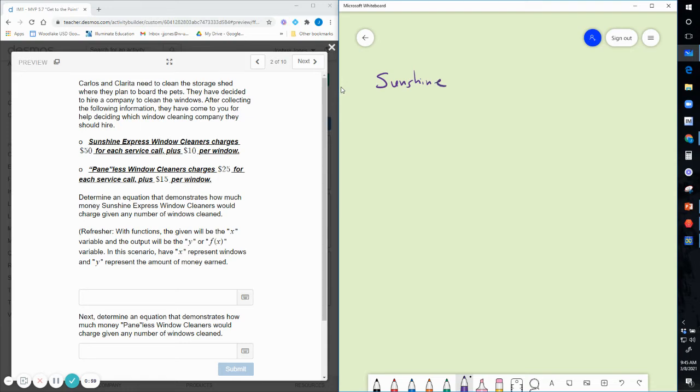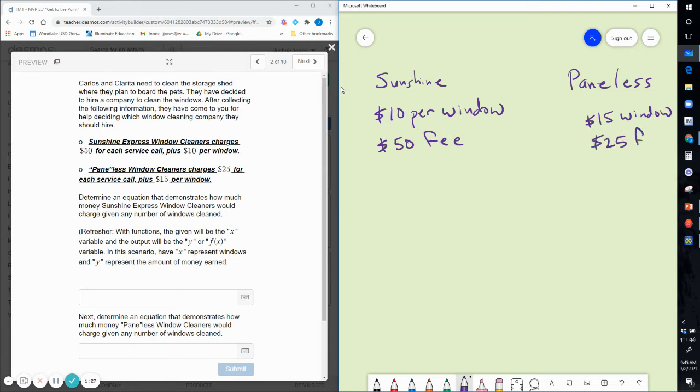This company charges $10 per window and a one-time fee of $50. The other company is Painless Windows. Painless. And they charge $15 per window. And they charge a $25 one-time fee.